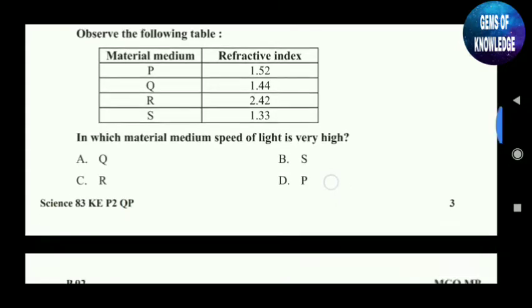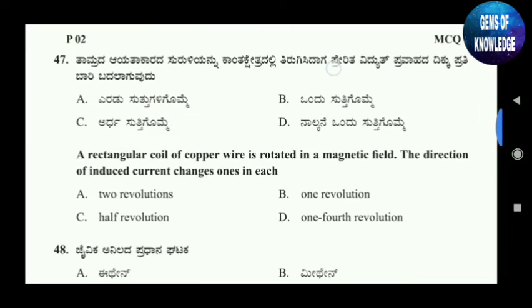Okay, next, moving to next question, 47. A rectangular coil of copper wire is rotated in a magnetic field, and the direction of induced current changes once in. So you might have studied in your previous classes about the electric motor.